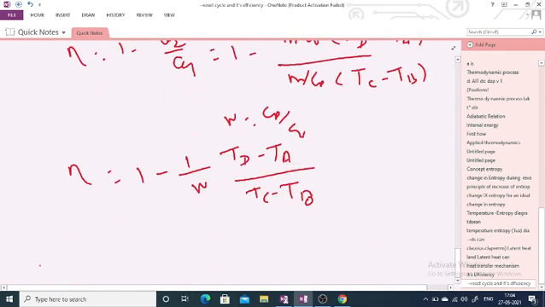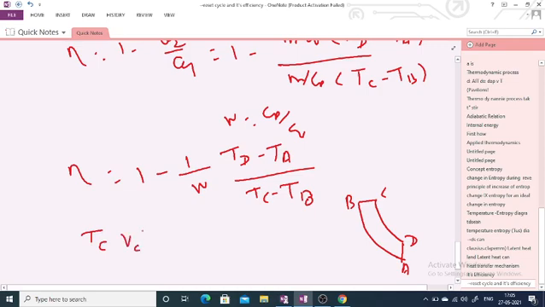So this is your diesel cycle A, B, C, D. AB lies on the same adiabatic curve, and CD lies on the same adiabatic curve, so it can be written.